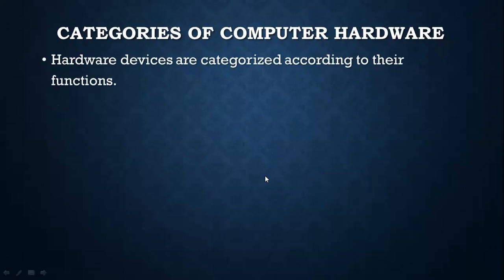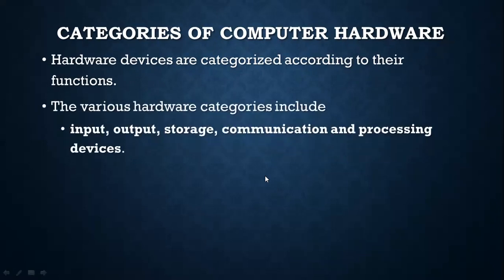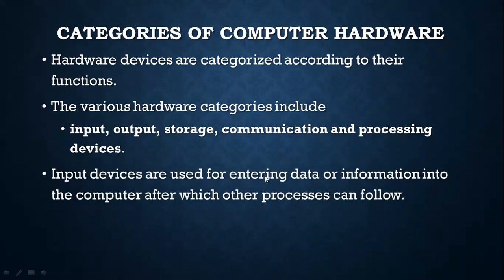And we are saying that we categorize hardware devices according to their function. And indeed, you've been able to categorize the devices according to their function because when you mention the keyboard, you are able to tell us a keyboard is input.